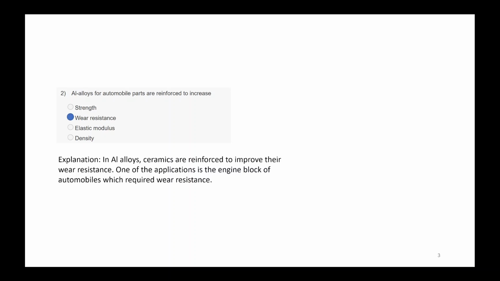Second question was: aluminium alloys for automobile parts are reinforced to increase. Options are strength, wear resistance, elastic modulus and density. The answer was wear resistance. Third question was: find the odd combination out in the following composite applications.